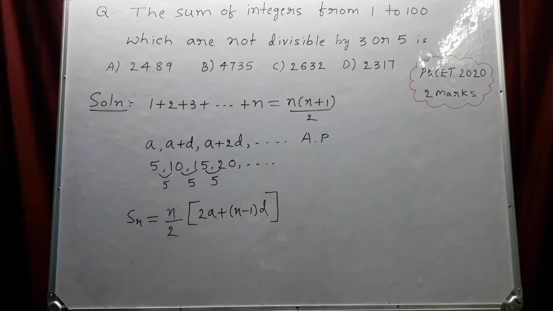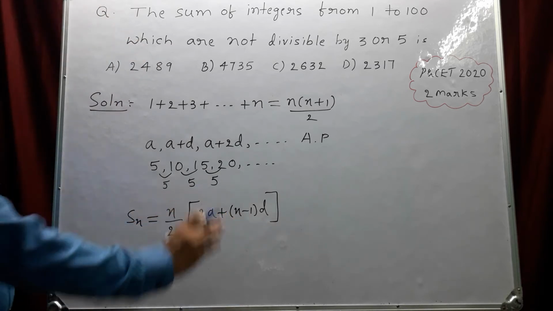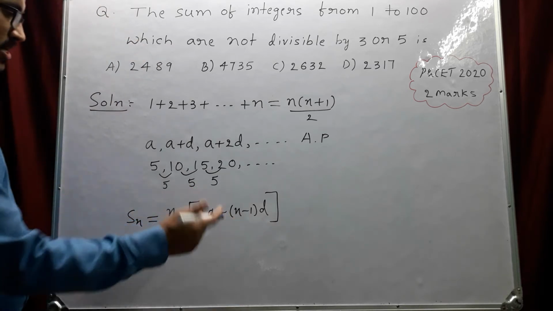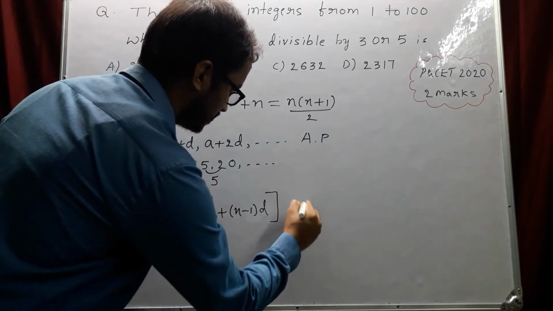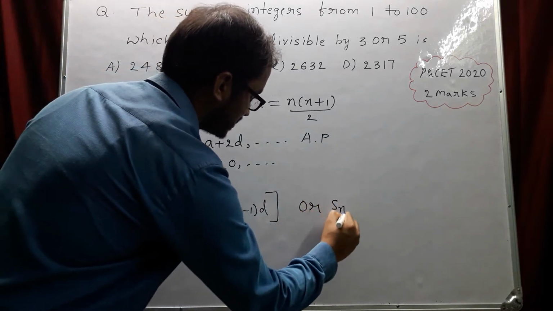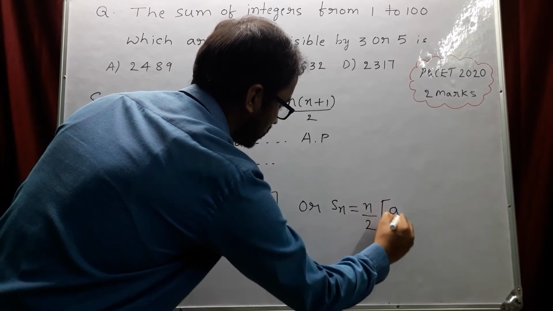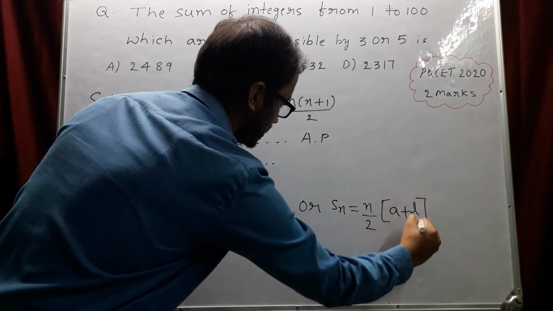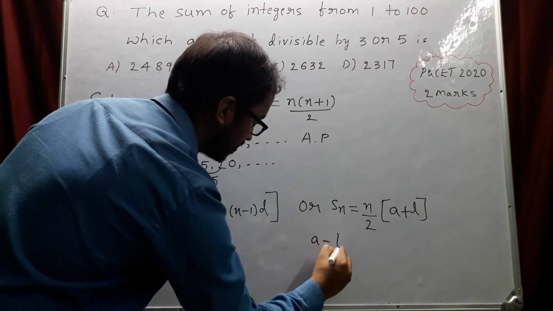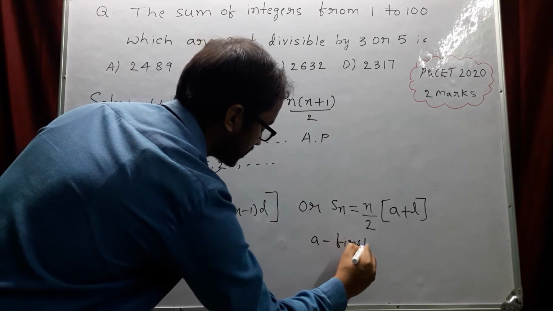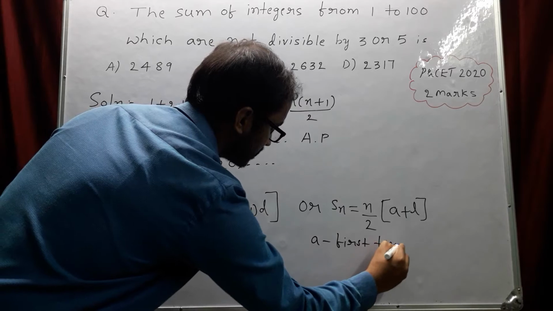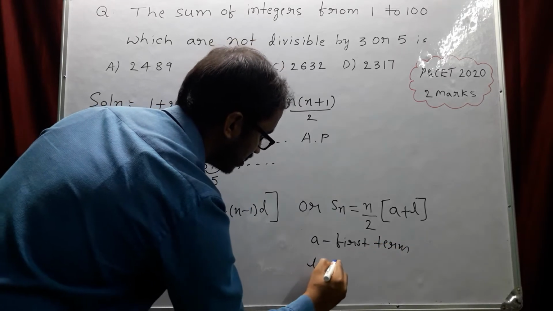This sum is the same as Sn is equal to n by 2 into a plus l, where a is the first term and l is the last term.